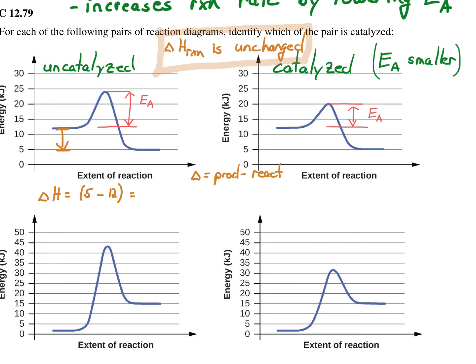So this is going to be equal to a negative 7 kilojoules per mole. And that's exactly the same as in the catalyzed reaction. So delta H is also minus 7 kilojoules per mole for this exothermic reaction.